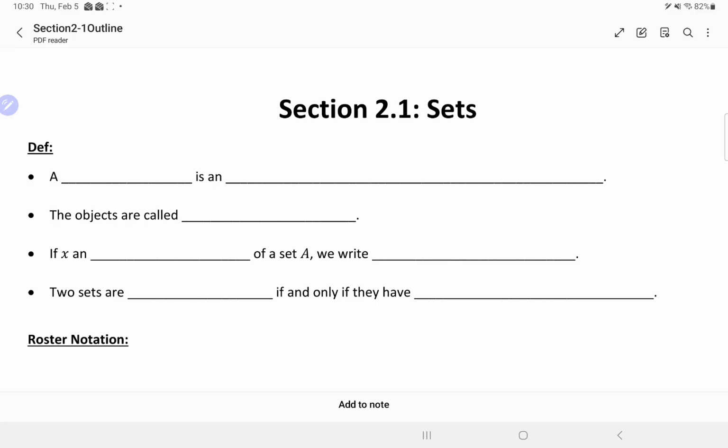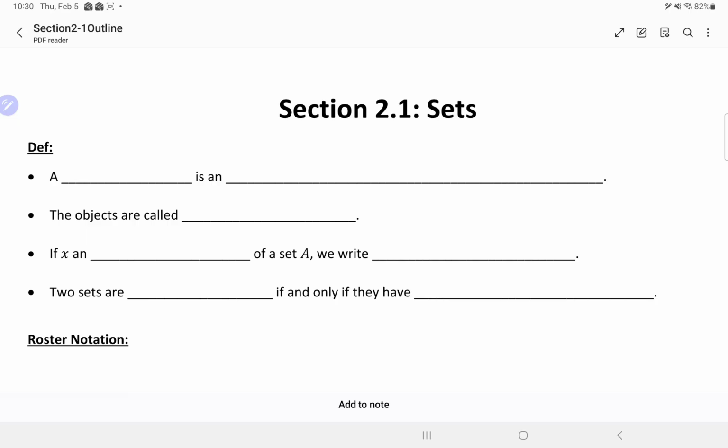Depending on what textbook you're looking at, sometimes you start with set theory and then use that to motivate formal logic. Our class uses formal logic and then uses that to motivate set theory.